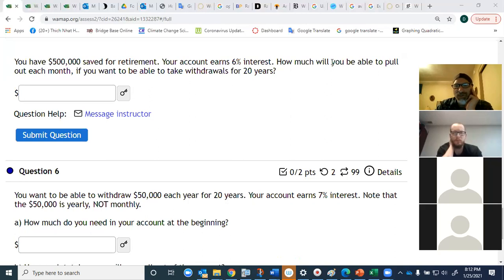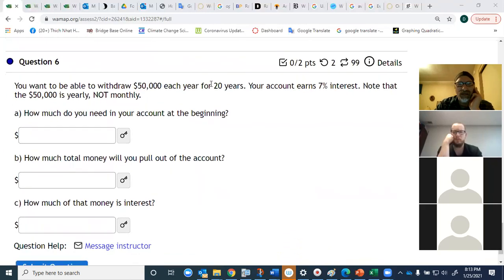That's asking for payments, just like a loan repayment. You put the $500,000 in for the present value, your future value is going to be 0, and you put your interest in and your 20 years, and since these are monthly withdrawals, you get 12.